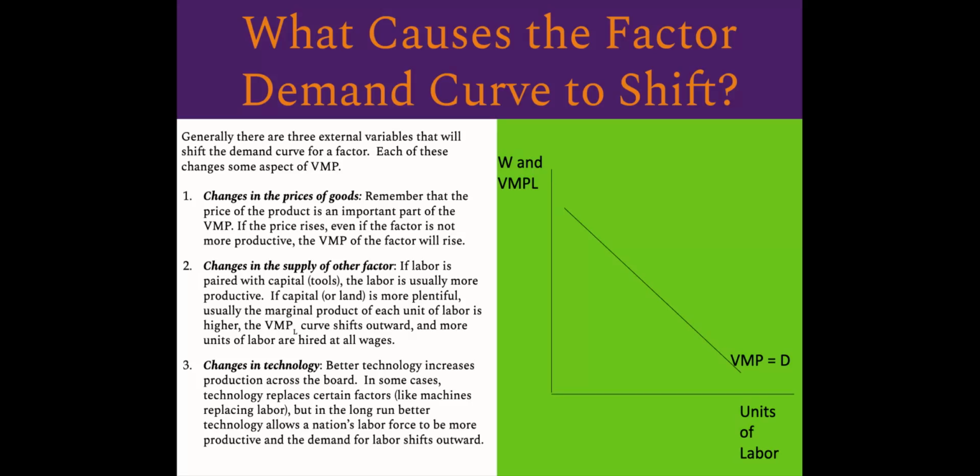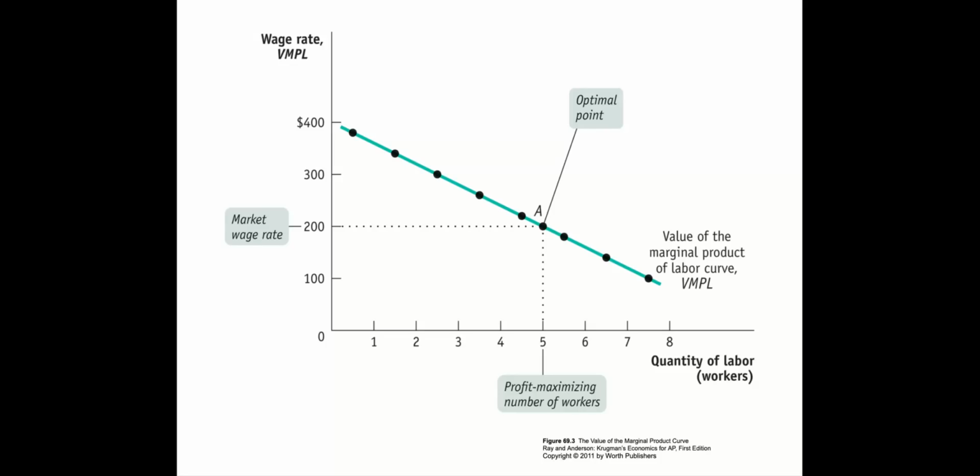When you take a look at that VMPL, that is the demand curve for labor. There are a couple of things that may make the demand curve for labor change. First of all, if the price of the good changes, let's say going back here, bushels of wheat were no longer $20, but $30.